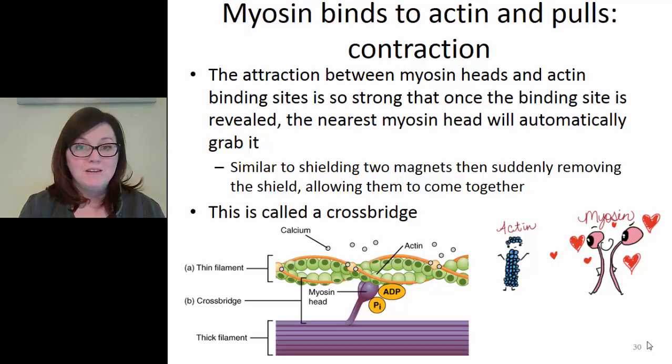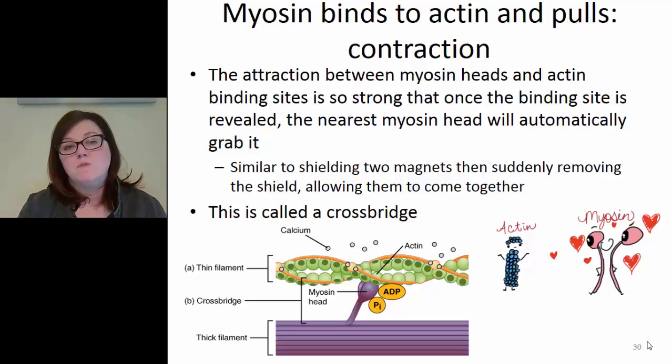So once the binding site is revealed, the myosin heads just will automatically pop up and grab onto it. This process does not actually require any energy. This is an electrostatic interaction between the myosin head and the binding site. An electrostatic interaction is the fancy way to say you have positives attracting to negatives.